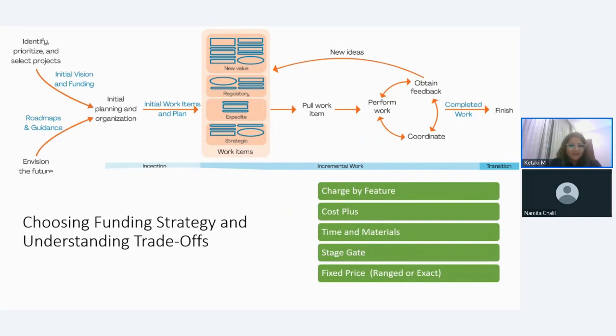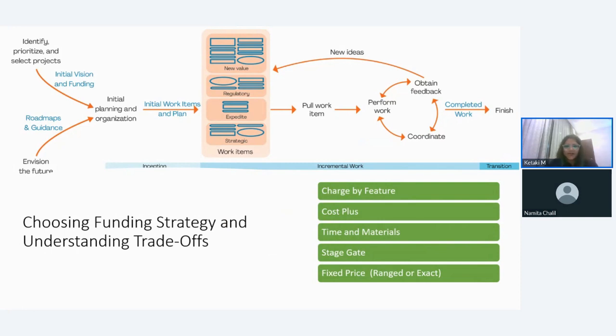All this context matters when you're choosing a funding strategy. Having it on your business canvas and communicating it with your stakeholders forms an essence towards mitigating hidden costs that might arise in your agile project.